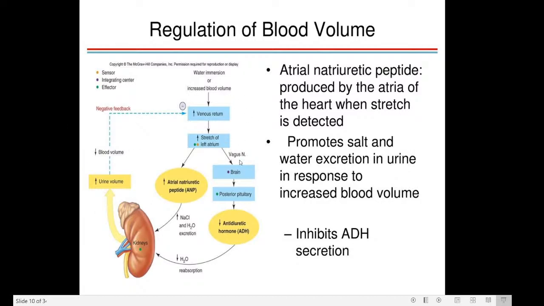Once this process happens, the blood volume, which was high, becomes low, so the system gets the indication, and automatically the nerves of the venous return activate blood intake.